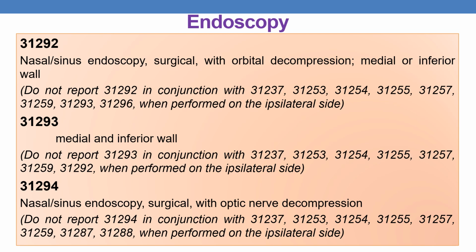Next is 31293. Nasal or sinus endoscopy, surgical with orbital decompression, medial and inferior wall. Previously it is or, now it is and. The next is 31294. It deals with nasal or sinus endoscopy, surgical with optic nerve decompression.